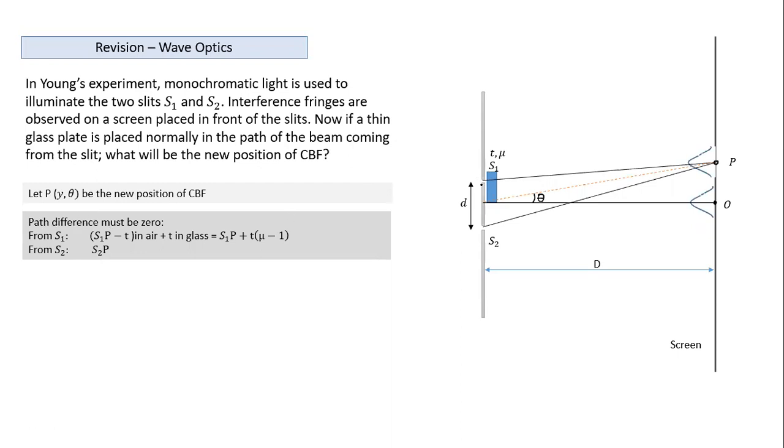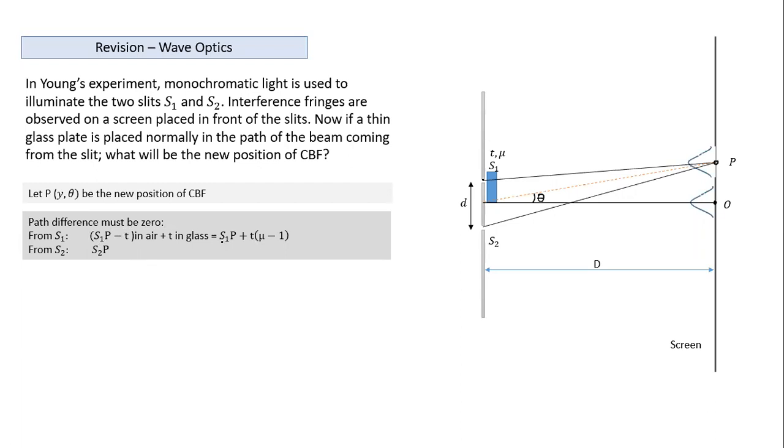So we'll calculate the optical path from S1 to P. S1 to P has two parts here. S1P minus t is in the air, and length t is in glass. So this optical path becomes equal to S1P plus, taking the t and shifting it here, t into (mu minus 1).